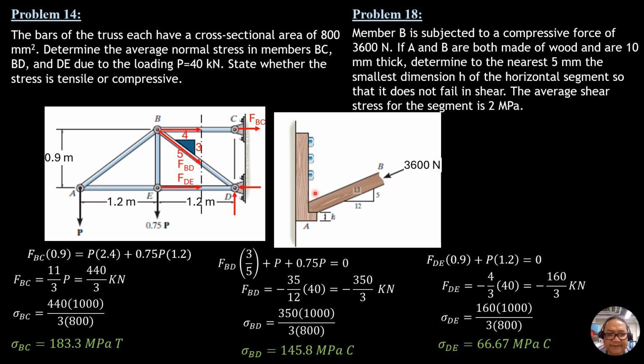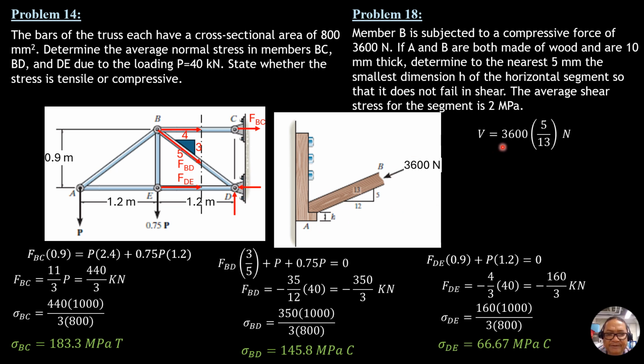The force that will be transmitted there is 3,600 times 5 over 13. And we equate that to the average shear stress of the segment, 2 megapascals. And the shear area is the thickness perpendicular to the screen, 10 mm, times h.